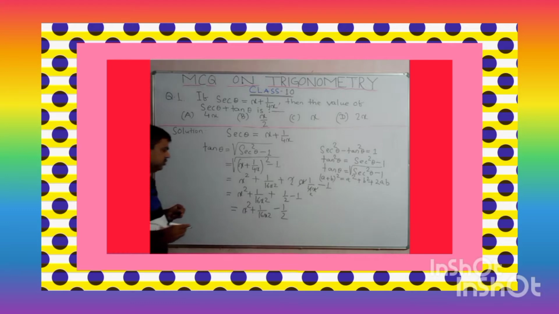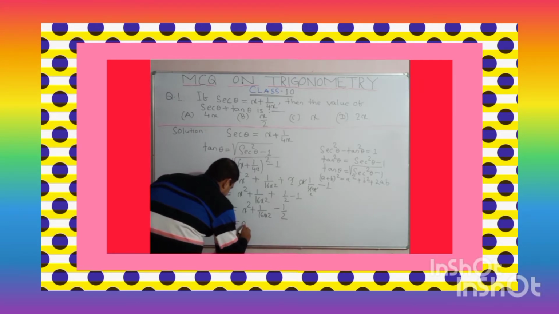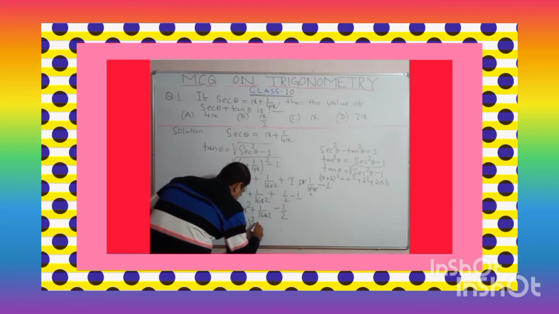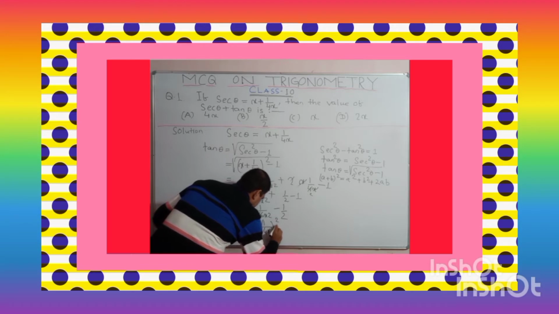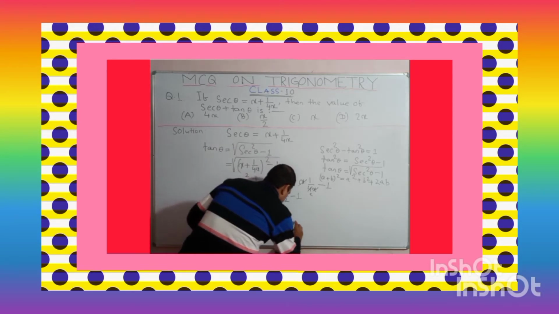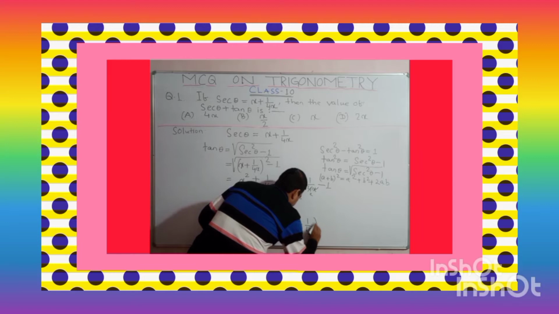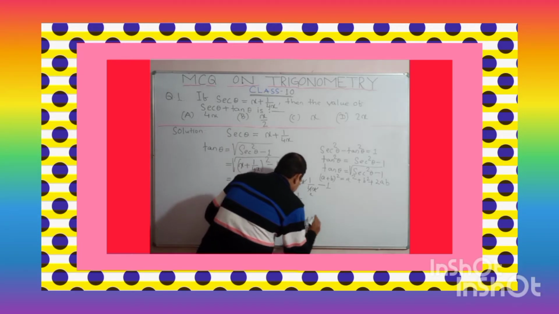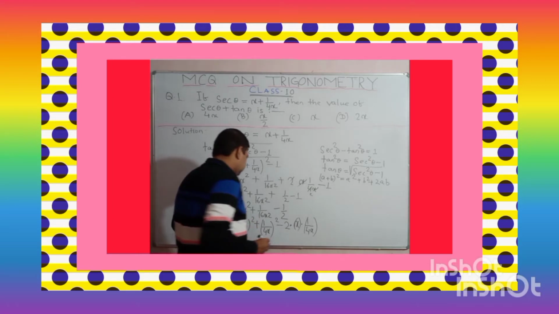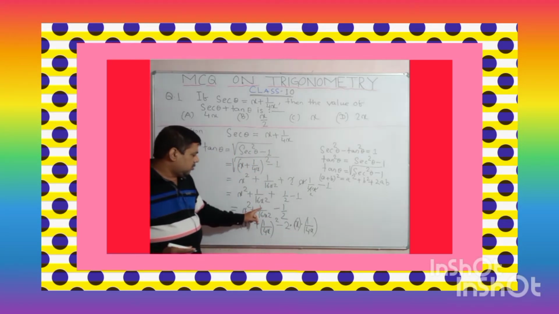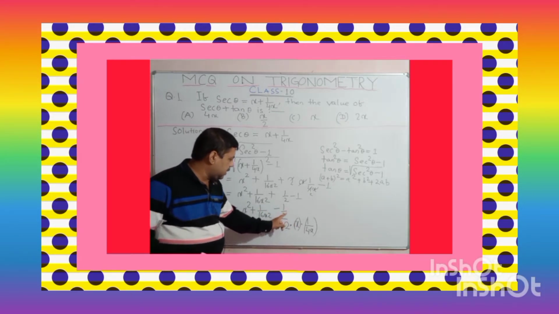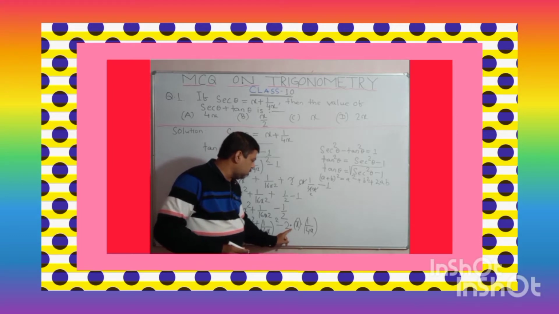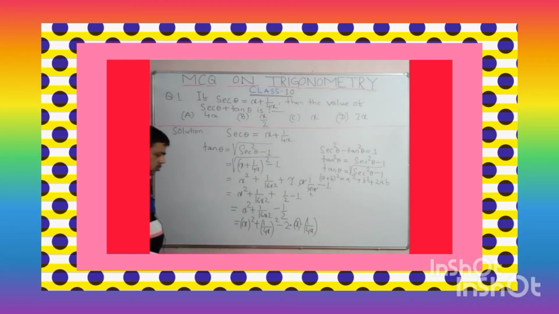Again you write x whole square, plus again I can modify 4x whole square, minus 2 into x into 1 upon 4x. And x square, 1 upon 4x whole square is 1 upon 16x square, and minus 1 by 2 can be modified as minus 2 into x into 1 upon 4x.